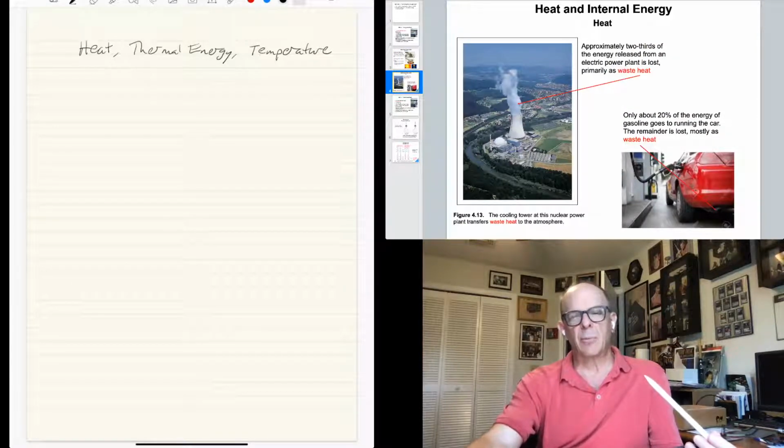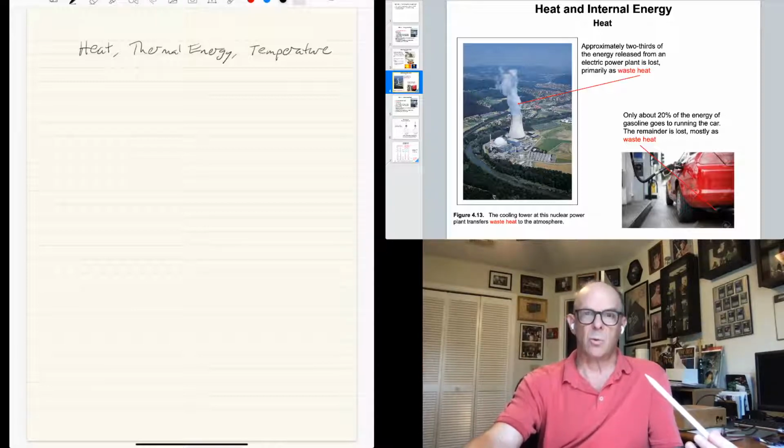It's going to be very important to understand heat and thermal energy. For one thing, we need heat to stay warm in the winter, and we deal with thermal energy as well when we're cooling things off. We're sort of running a heater in reverse.